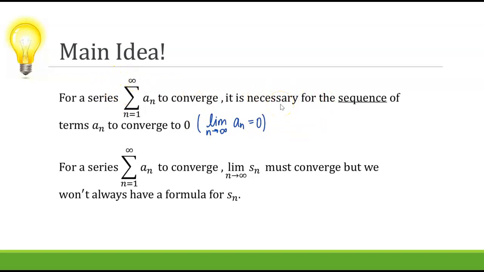Now, it's not the only requirement, but it is necessary for this sequence to converge to 0 in order to even have a chance at converging. Now, for an infinite series to converge as well, the limit as n approaches infinity of the partial sums must converge. But we don't always have a formula for the partial sums.